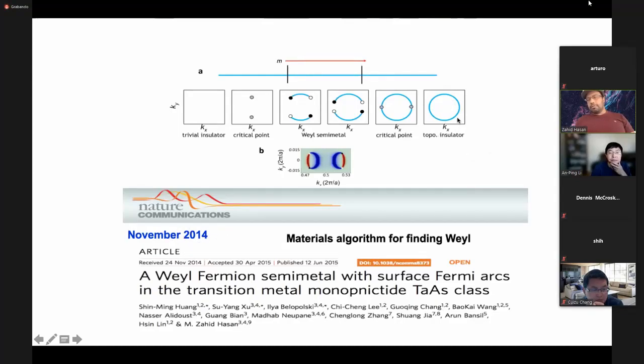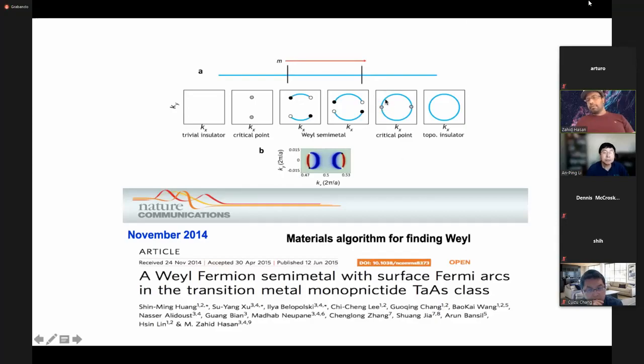You start with a topological insulator and close the gap in two places. You get critical points here. Then if you break some symmetry, this Dirac point must split. In QFT or the Dirac equation, you know that the only way to split a Dirac fermion is into Weyl fermions. So you get Weyl fermions.